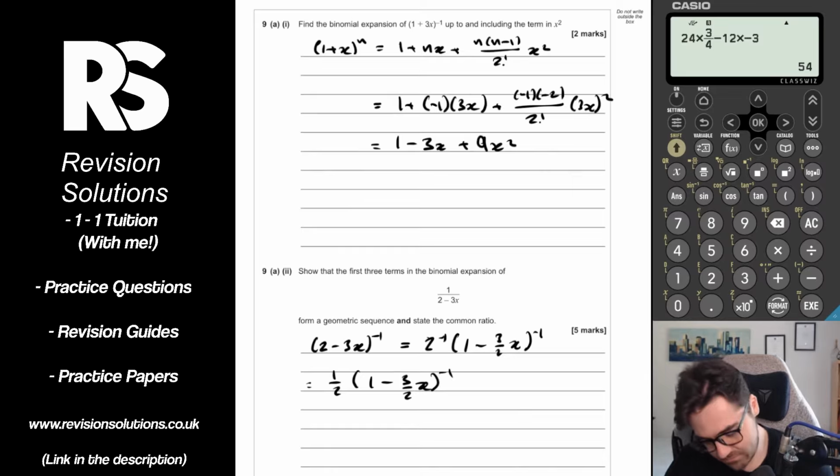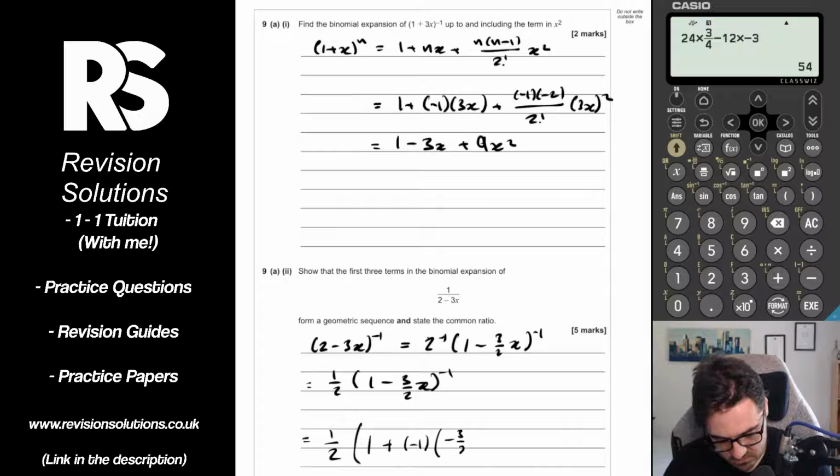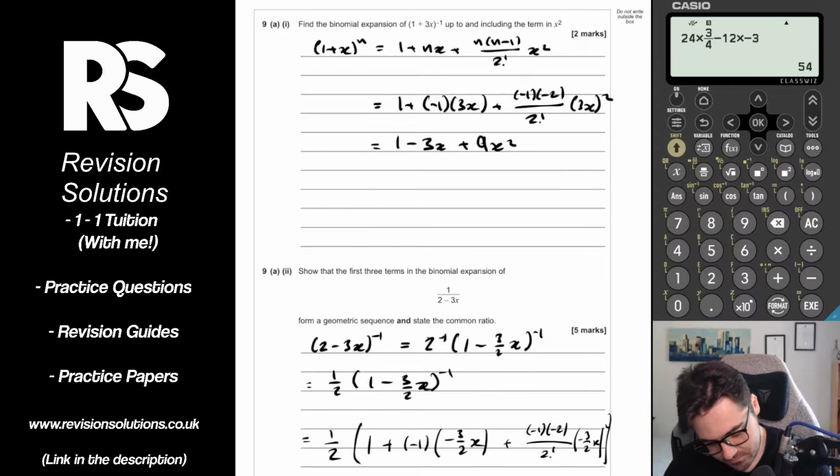And then applying the same formula as before, well, it's a half. Then using the formula, 1 plus minus 1 times minus 3 over 2x plus minus 1 times minus 2 over 2 factorial times minus 3 over 2x all squared.